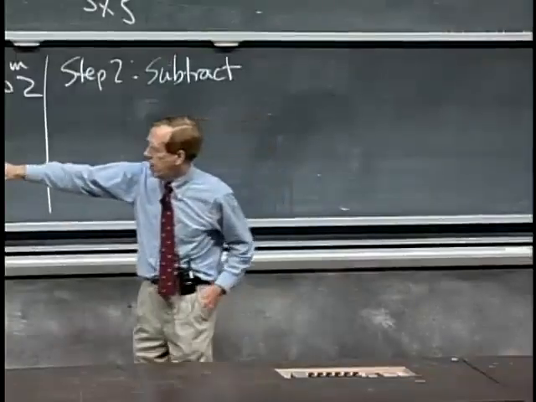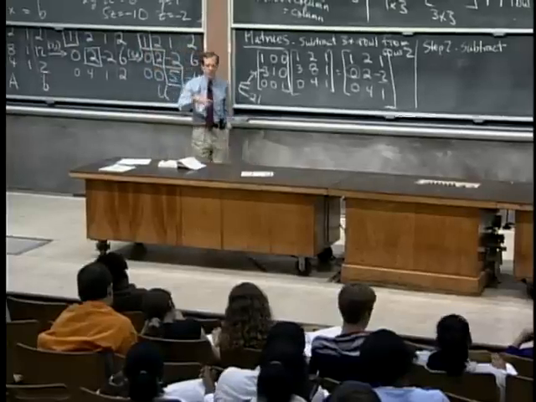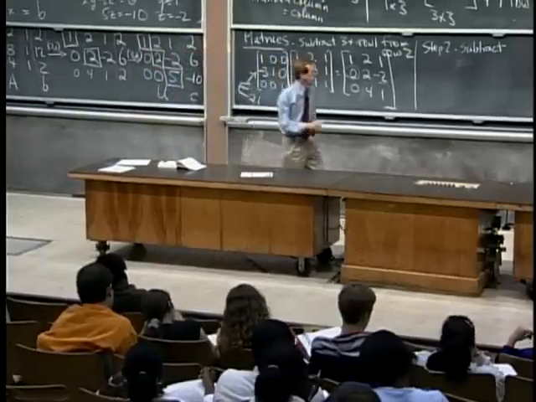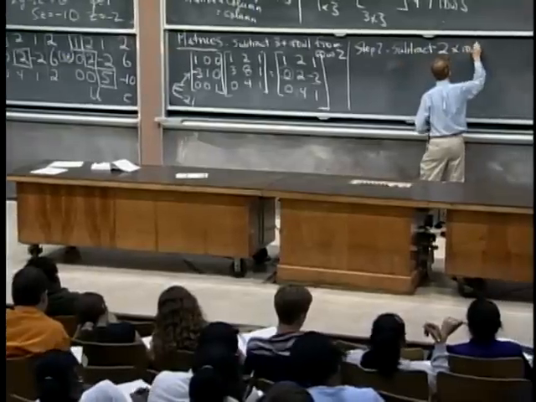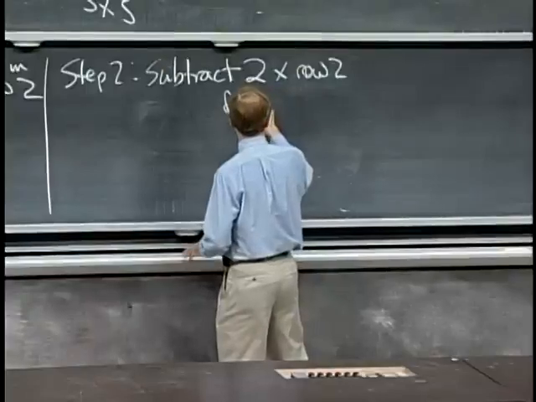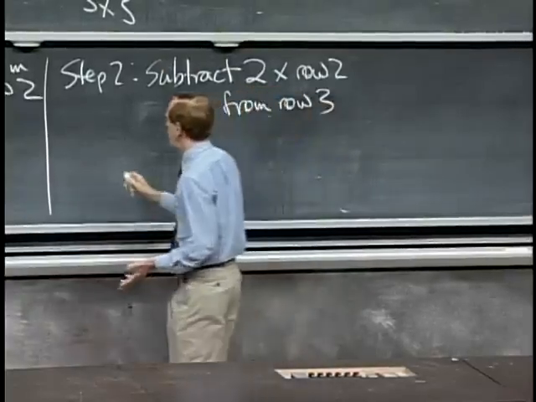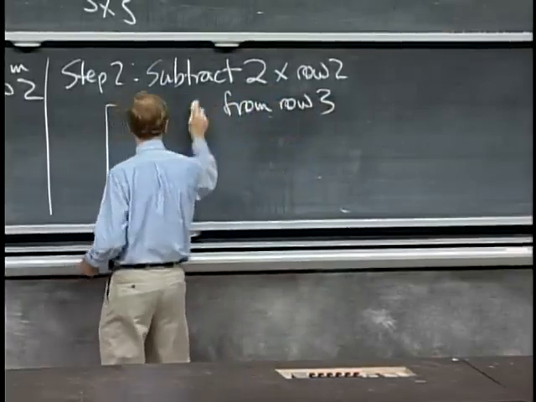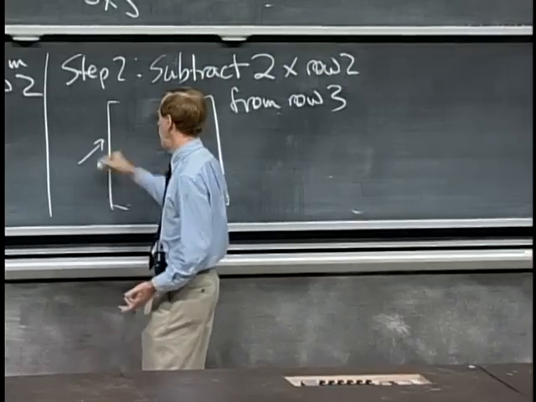I had a 2 in the pivot and a 4 below it, so I subtracted 2 times row 2 from row 3. Tell me the matrix that'll do that, and tell me its name.